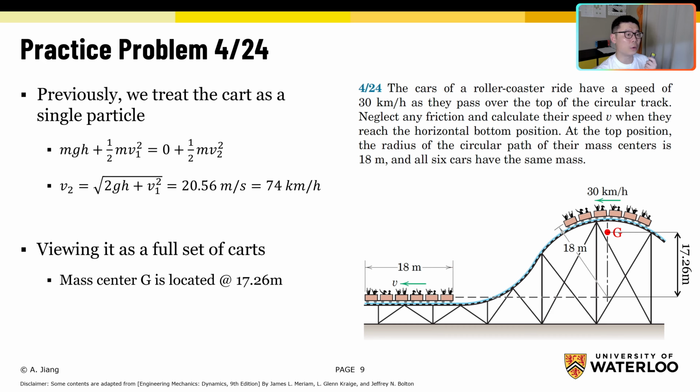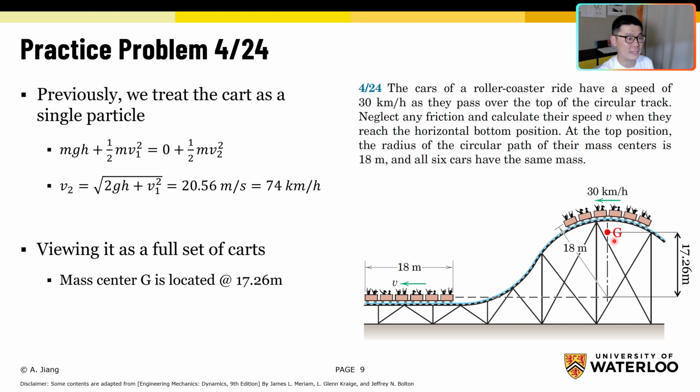However, when you do not want to treat the roller coaster as a particle, or you cannot treat it as a simplified particle, you need to really consider where the mass center is, because that is where everything relates to. Here I have provided you with the location of the mass center, which is slightly under the curve, and 17.26 meters above the datum.